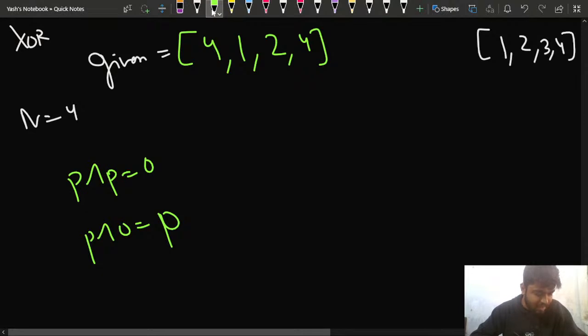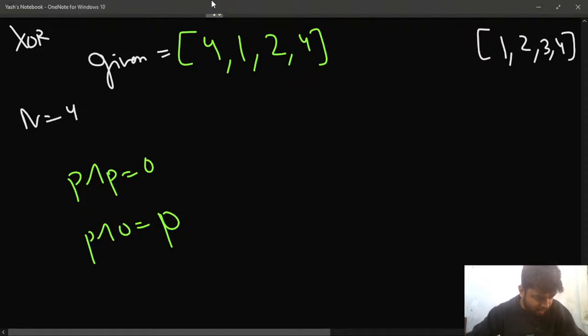So Swaroop is saying if I XOR the array, then we get the result of all non-repeating numbers. And using this result again, we XOR with the same array to get back the repeating number.